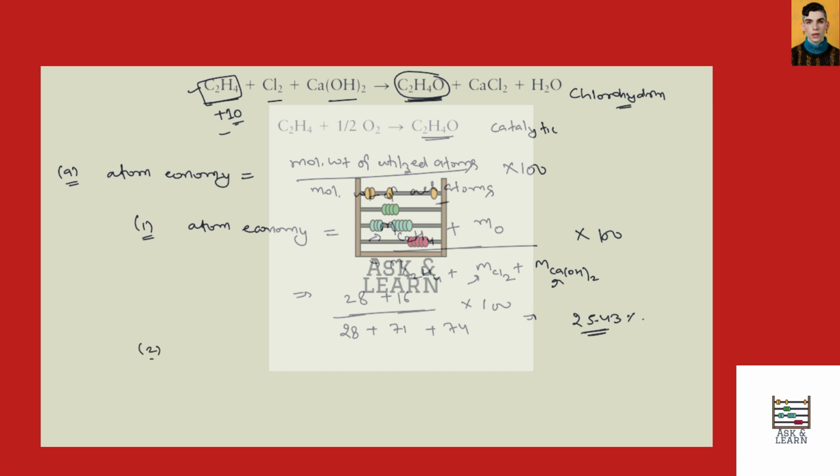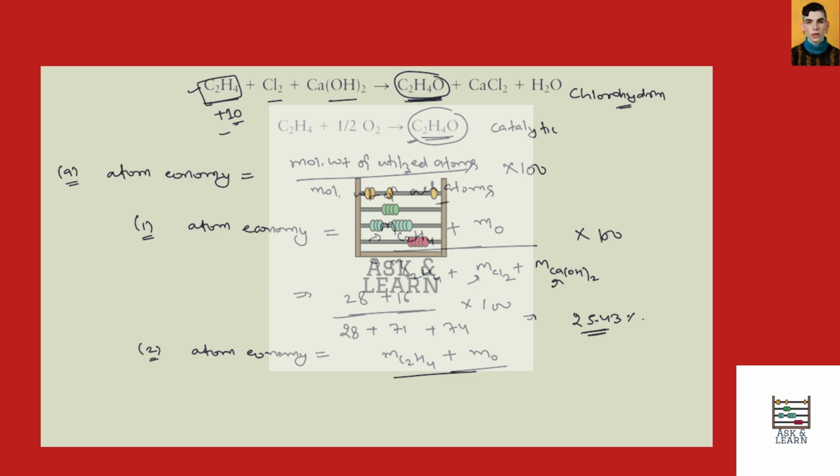Now for the second route, or we can say catalytic route, this atom economy would again be obtained as the molecular weight of C2H4 plus the atomic weight of oxygen atom, because these are the two that are being utilized, or we can say that these are the atoms that we need to form our desired product.